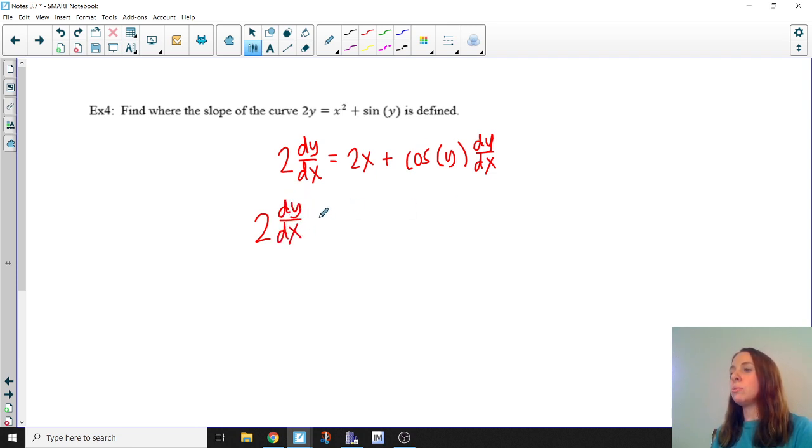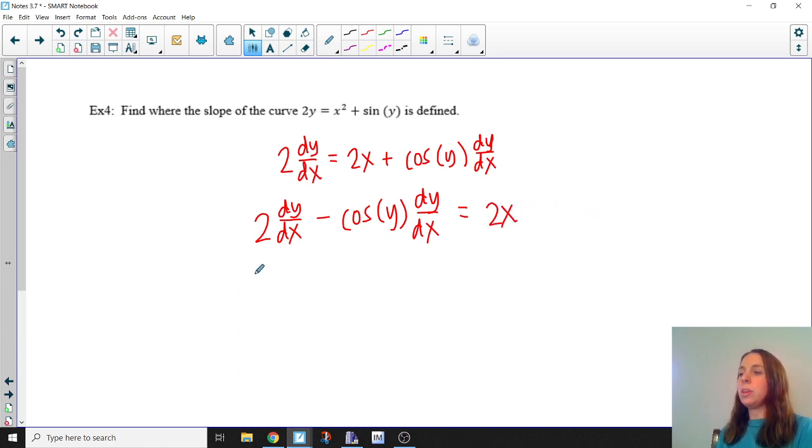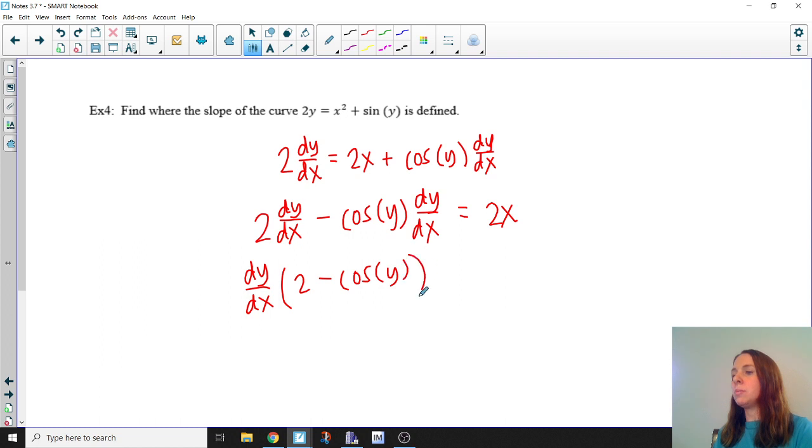We could subtract this cosine of y dy over dx term to move it over to the left-hand side of the equation. And now we can factor that dy over dx out of those two terms that are together on the same side. Finally, solve for dy over dx by dividing by this quantity.